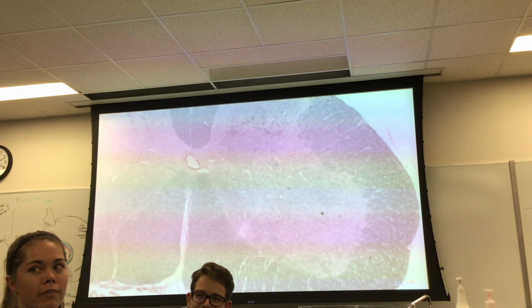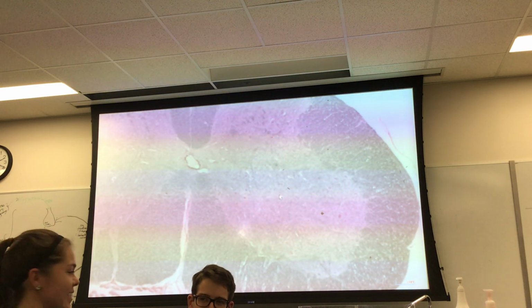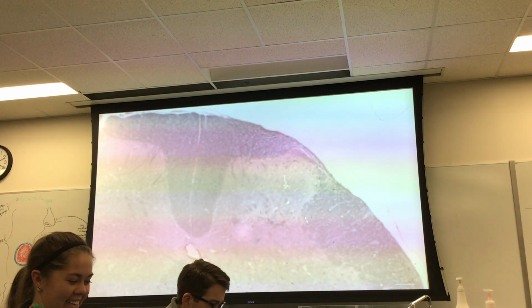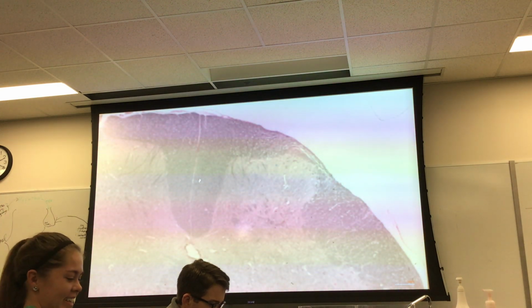That's lumbar. Probably all four. What do you think? Lumbar, I agree. Why? Because it's got a ventral enlargement, and you come back here, and it's got relatively little dorsal white matter. Okay, good.